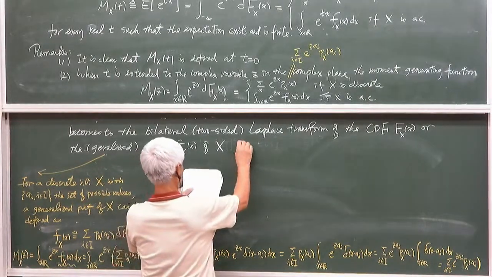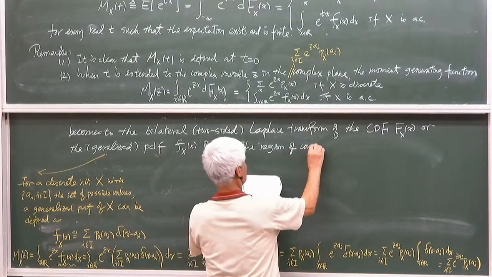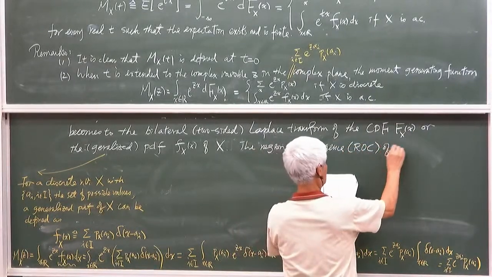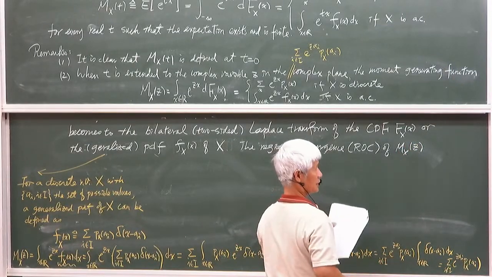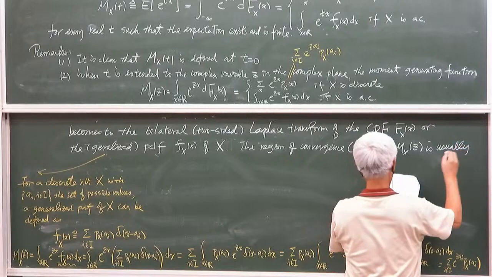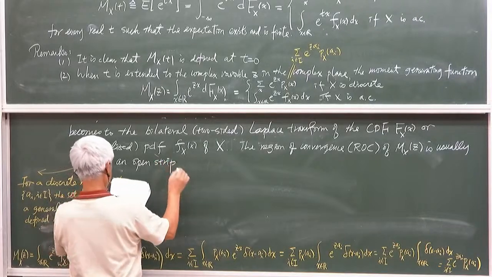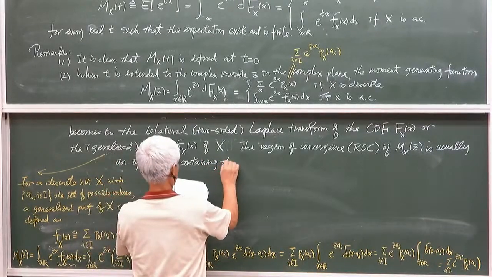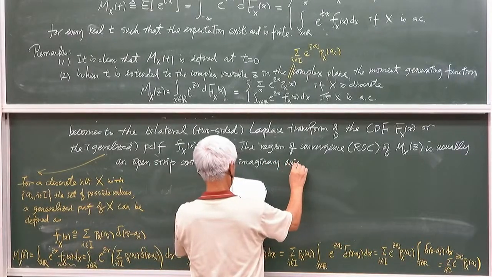As we studied, the region of convergence, we call it ROC, of this moment generating function as a function of a complex variable is usually an open strip containing the imaginary axis in the complex plane.